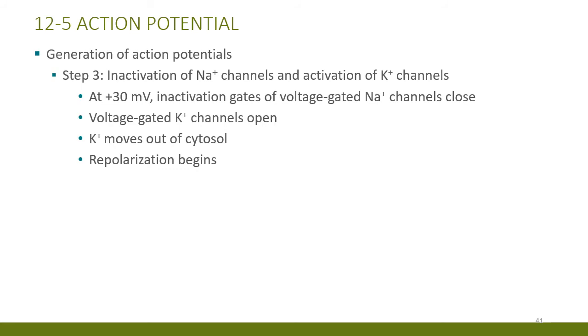When the sodium rushes in, the cell membrane becomes more positive. And when it goes to +30, we've got to fix this. So the potassium ion channel gate allows for a correction. It's now open, and potassium moves out of the cytosol, causing a repolarization to begin.